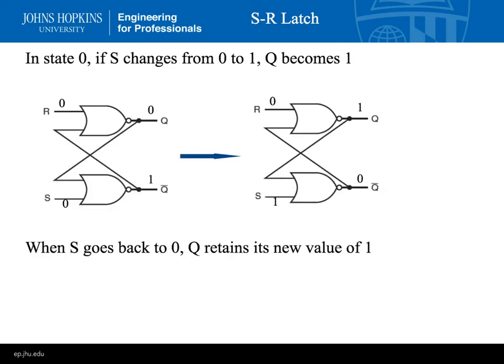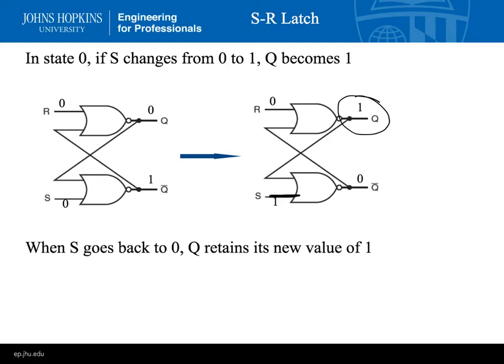As we start out, in the beginning, S and R are 0. And if we send in a message that says set, it's going to set this Q to be 1, so now the bit is set.